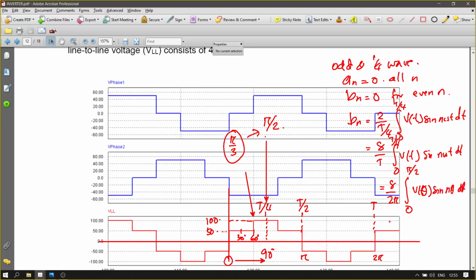Okay, and finally my b_n equals 4 over pi, and I'll only evaluate from 0 to pi over 2, v(theta) sine n theta d theta.